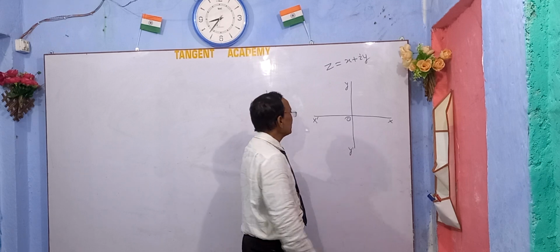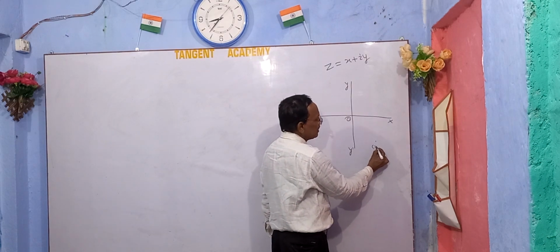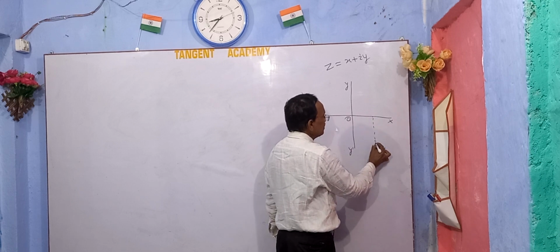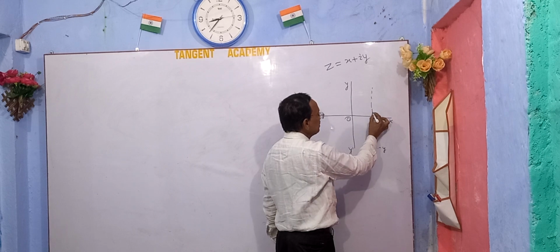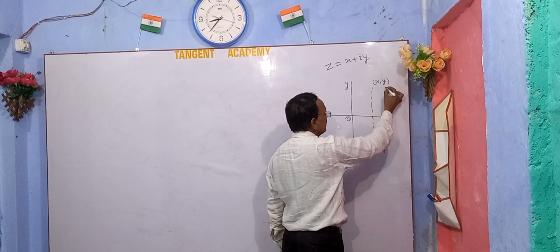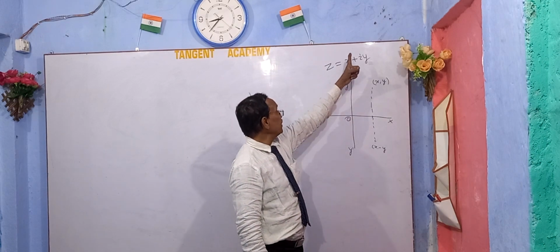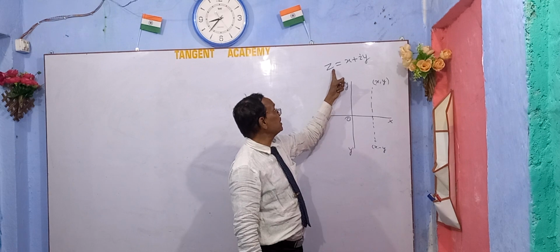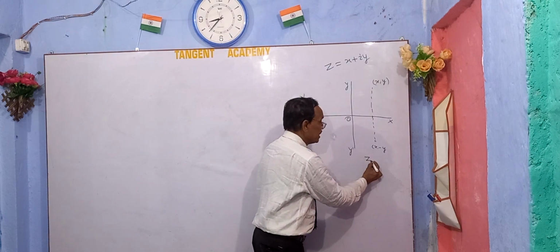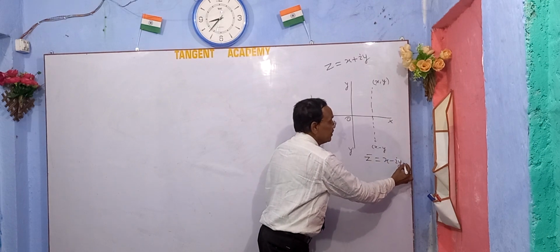Geometrically, the point x minus y is the mirror image of the point xy. This is why we can write a complex number z is equal to x plus iy and we can write the complex number z bar is equal to x minus iy.